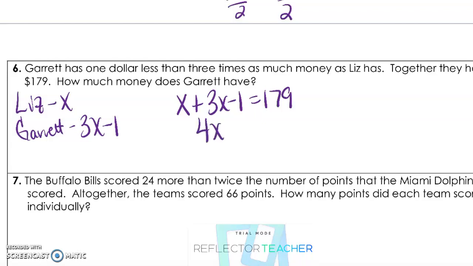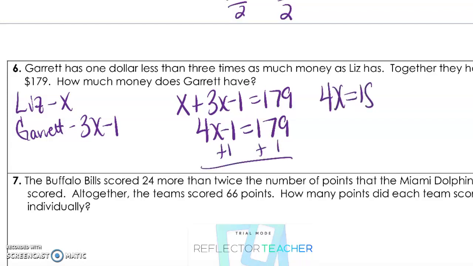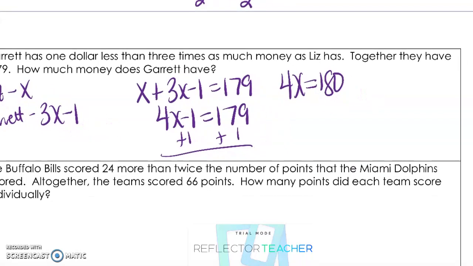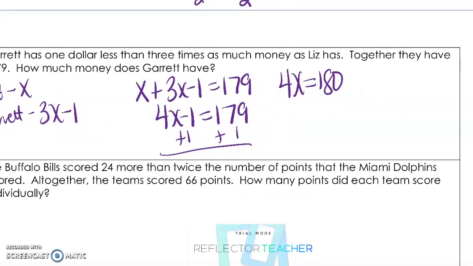So 4x minus 1 equals 179. Add 1, 4x equals 180. Divide both by 4, and we get x equals 45.